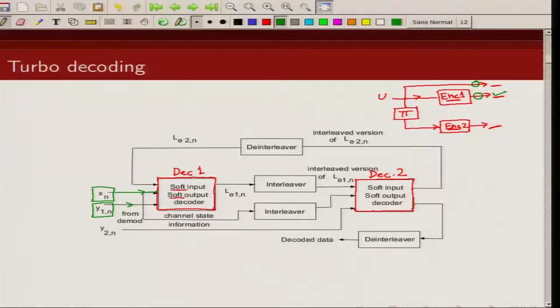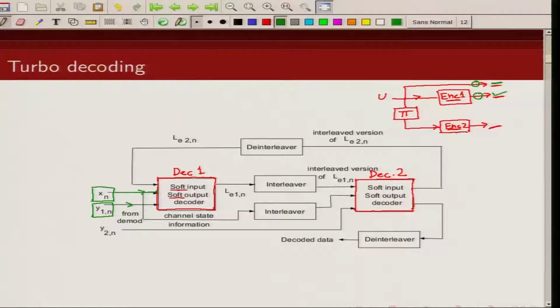Now, what are the inputs to decoder 2? Decoder 2 works on an interleaved version of the information that has been going to encoder 1. Here I am receiving the information bit directly.